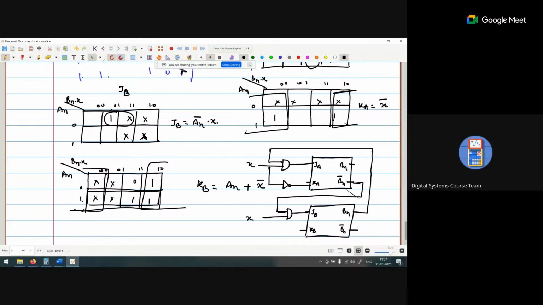AN we are already taking from this one, X from this side. Take a NOT gate and implement one OR gate, connected here. So this is your diagram.